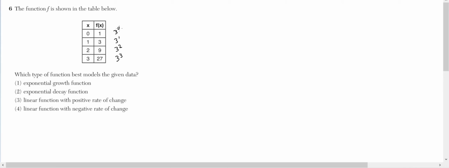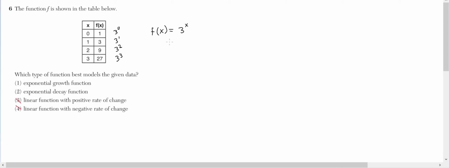So because these exponents match up with the x values in the rows of the table, it seems reasonable that f of x could just be straight up 3 to the x. And this defines an exponential function. So we can cross off choices 3 and 4.